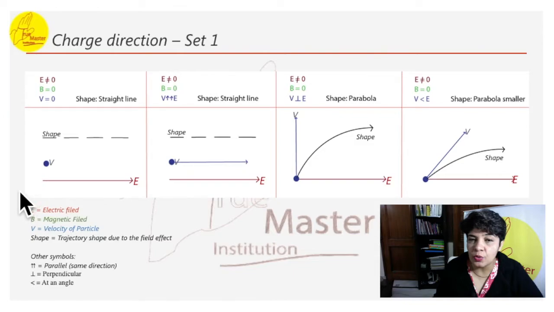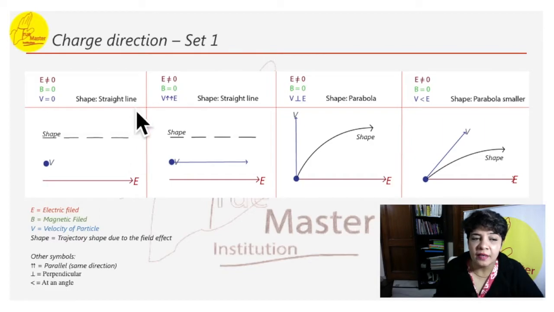So B is not shown in this particular area, and the particle is stationary. The trajectory formed will be a straight line.